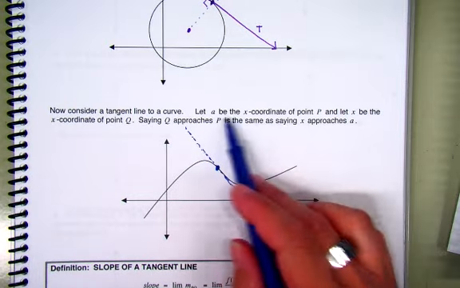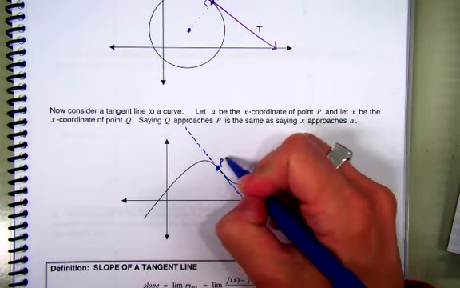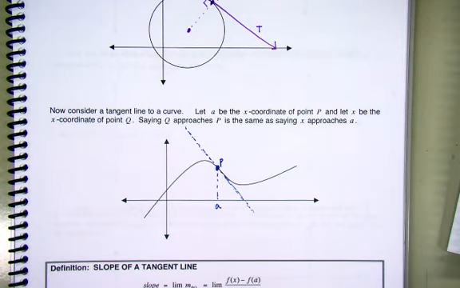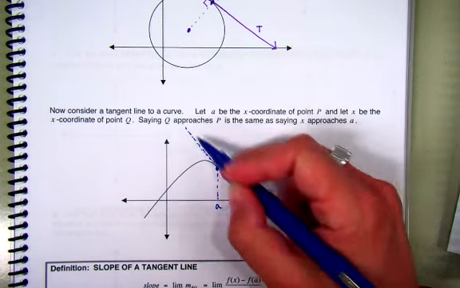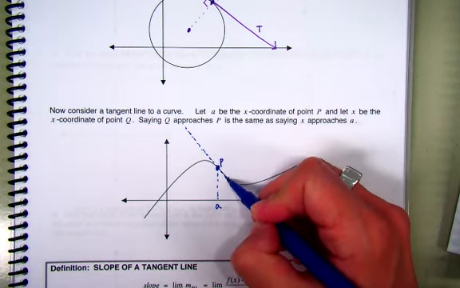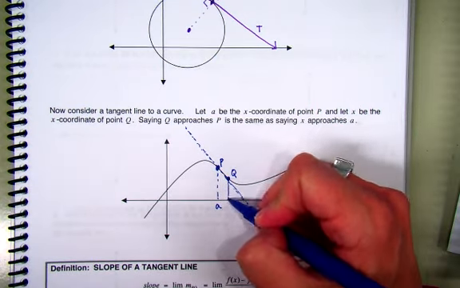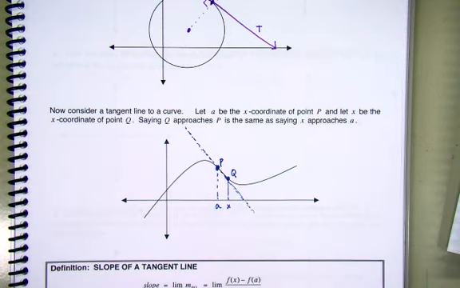All right, so a is the x-coordinate of this point P. And so a is right here. And then we have some other point Q that's going to be along this curve, and we're going to call its x-coordinate x, okay?